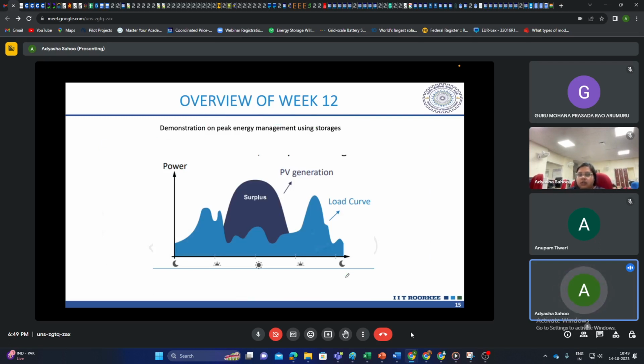Next, we studied the demonstration on peak energy management using storage devices, right? So here a typical load curve is shown and we have a PV profile. As you can see, the peak generation is not coinciding with the peak demand.